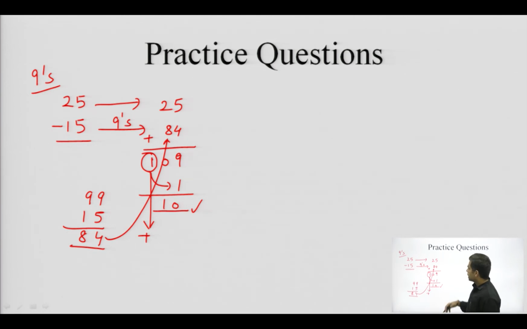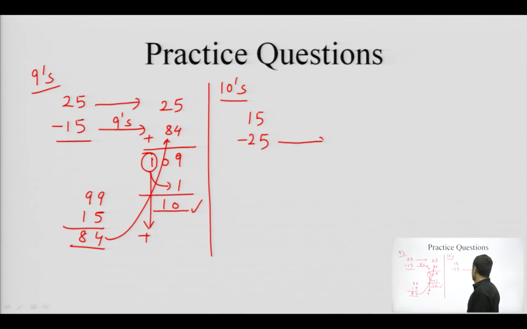In that case I should get minus 10, but now I am using 10's complement. Let us suppose I have to calculate 15 minus 25 using 10's complement, that means this negative number has to be 10's complemented. The 10's complement cannot be computed directly because there is no shortcut.